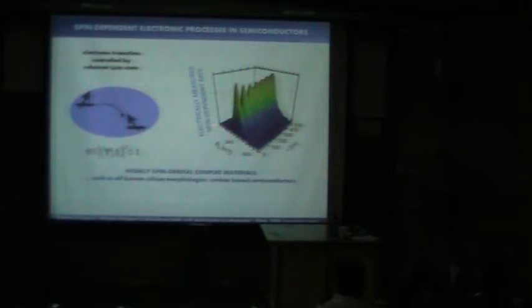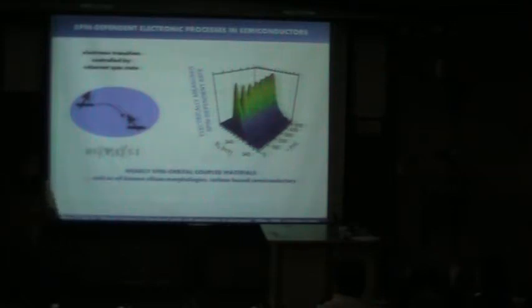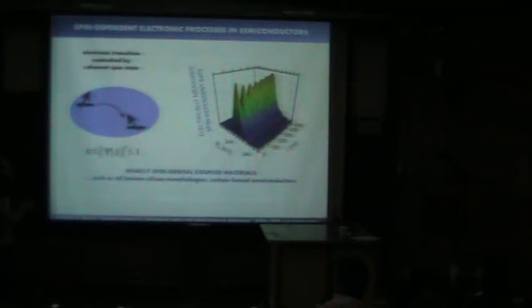Now if you measure this current as a function of the magnetic field, this axis here represents the current intensity, this represents magnetic field dependency, and this represents the time scale, the time during which you measure this current.